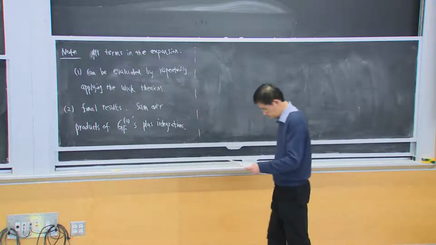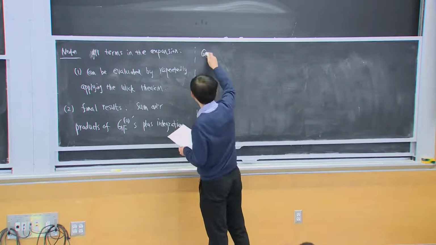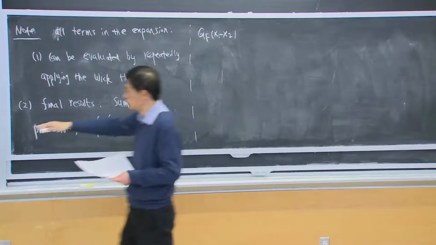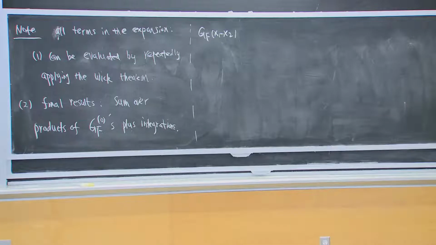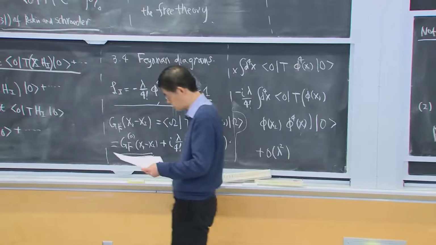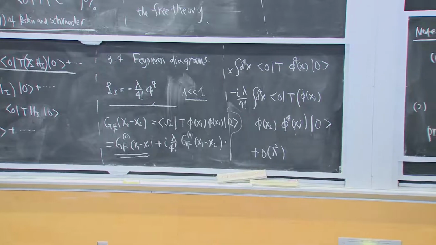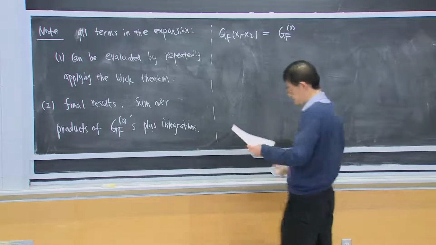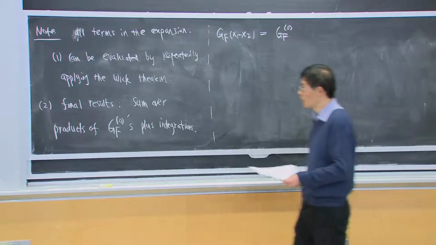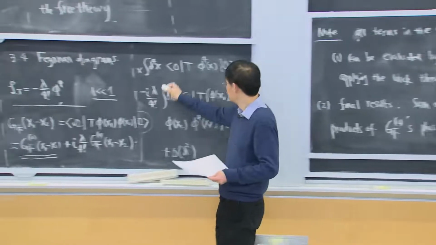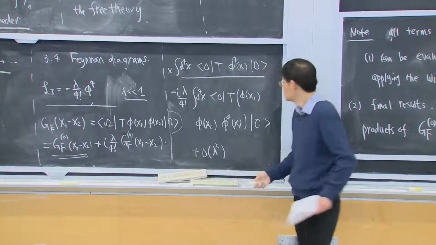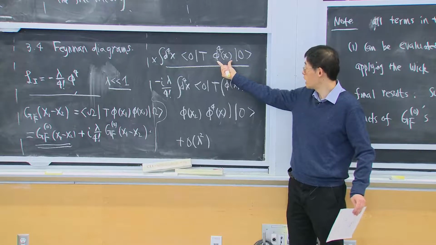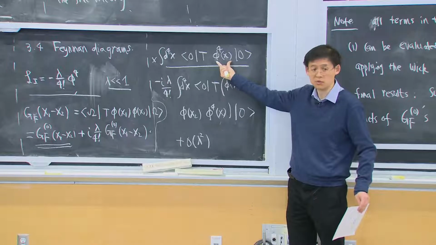So we find that GF of x1 minus x2, GF is the same as G2, for the 2-point function, this is just the Feynman function for the interacting theory. The leading term is just GF0. Now let's evaluate this term. This is all phi contracted at the same point. There are 4 phi's, and we can contract them among themselves.